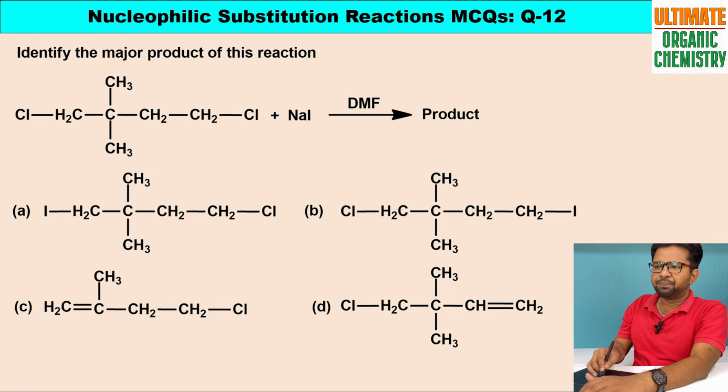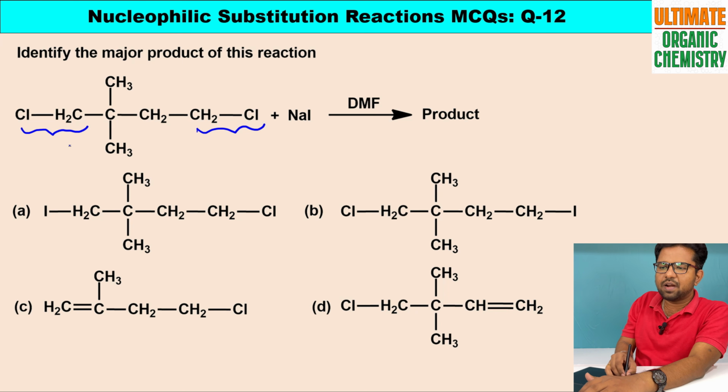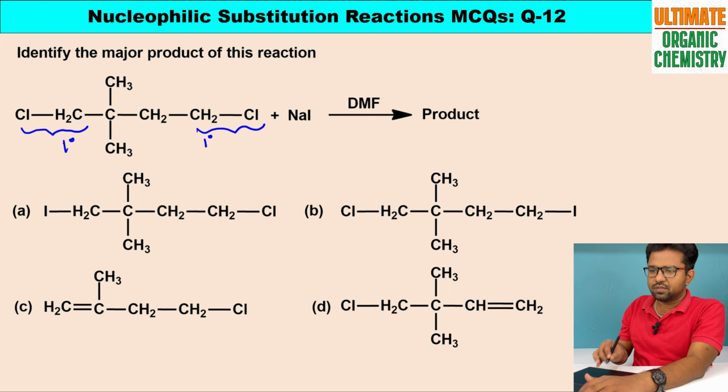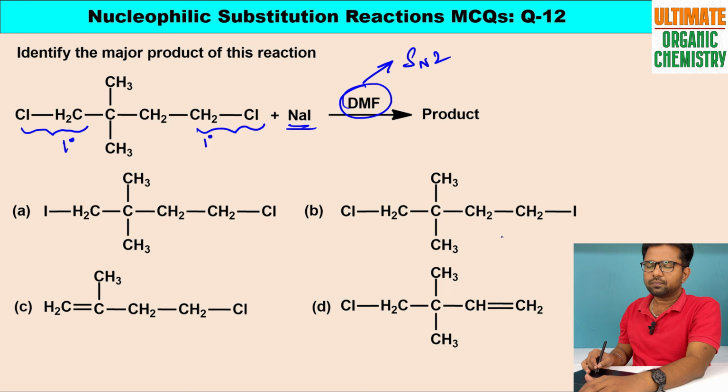Question number 12. Identify the major product in the reaction. So this is a dichloro compound. You can see this has a chlorine part and this also has a chlorine part, and both carbon atoms are primary carbons. Now this compound is treated with sodium iodide along with DMF. You know that when DMF solvent is given, the reaction is SN2 mechanism.